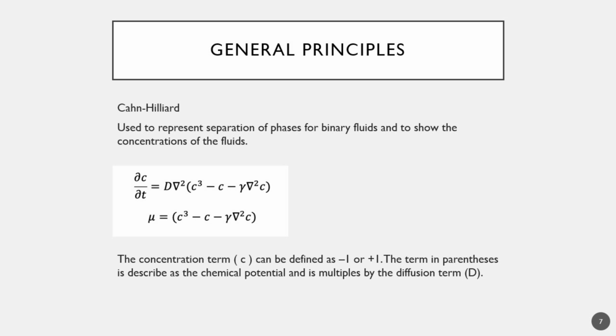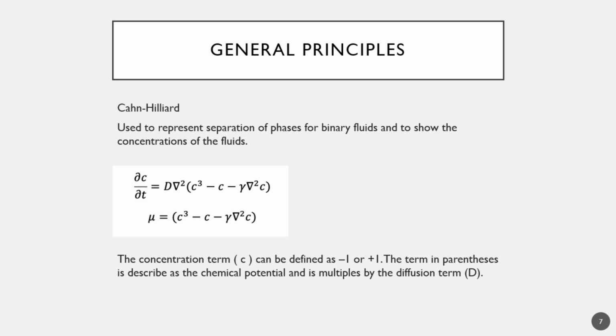Next, there's the Kahn-Hillard equation. This is used to represent the separation of phases for binary fluids, and it also describes the concentrations of these fluids. Below we have the original form of the Kahn-Hillard equation.